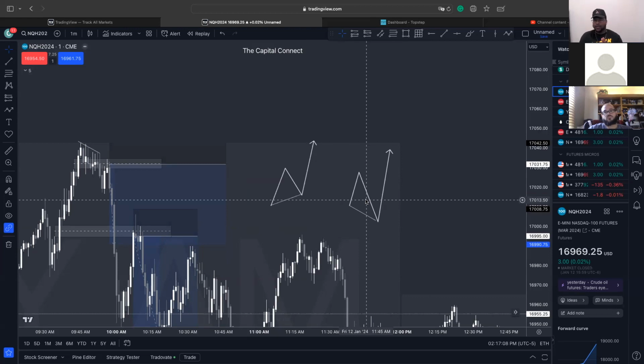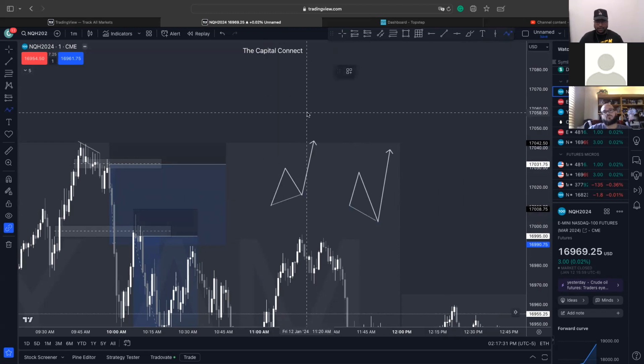Are we taught to buy in markets that are trending upward, making higher highs and higher lows? Or are we taught to buy in markets that are making lower highs and lower lows? We're taught to buy in higher highs and higher lows. So with bullish SMT, you're taking the one that's making a higher low.